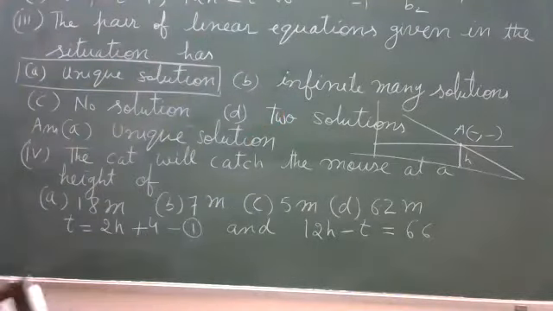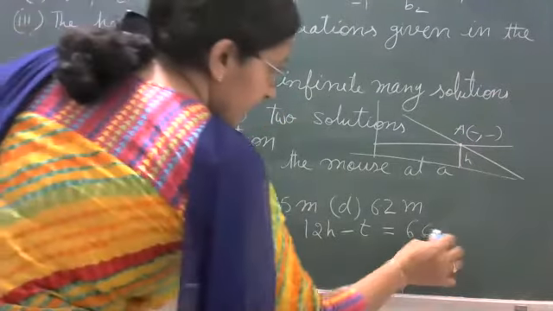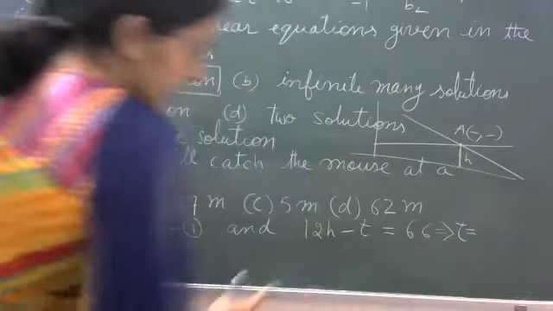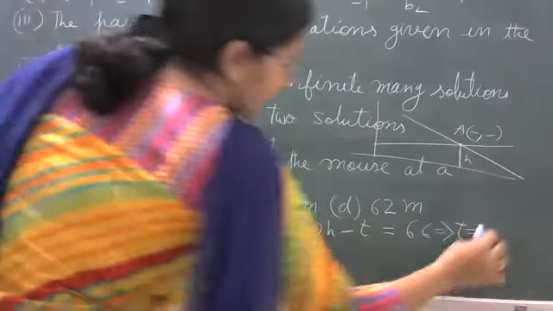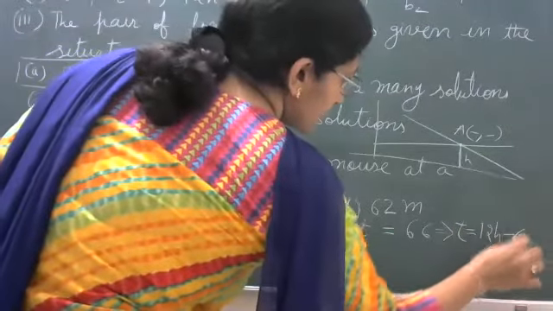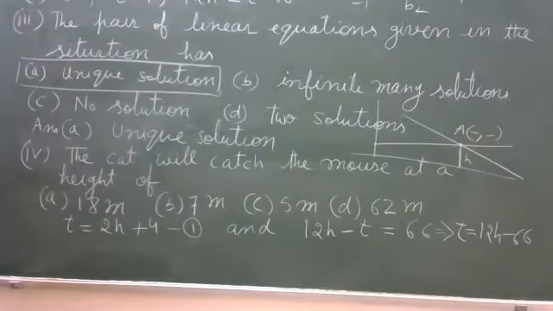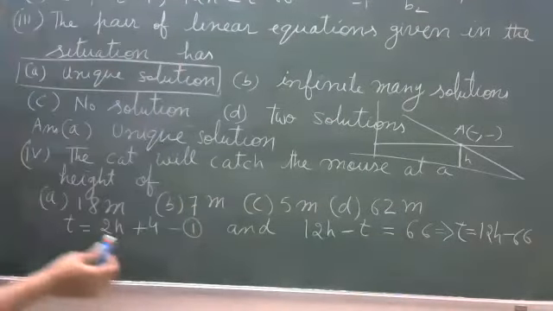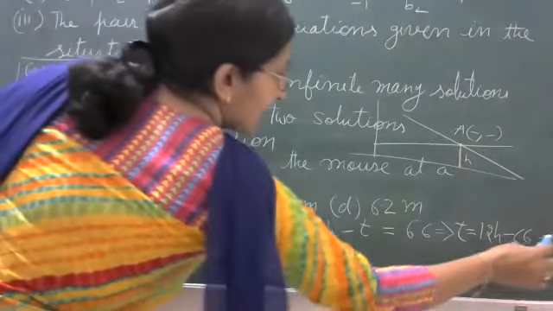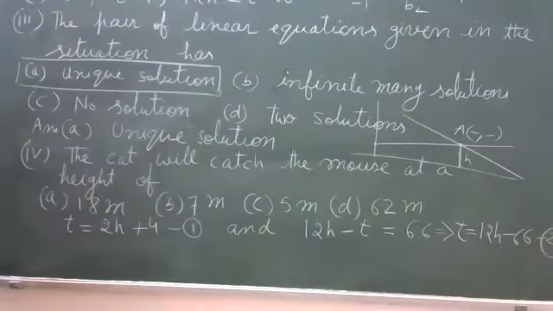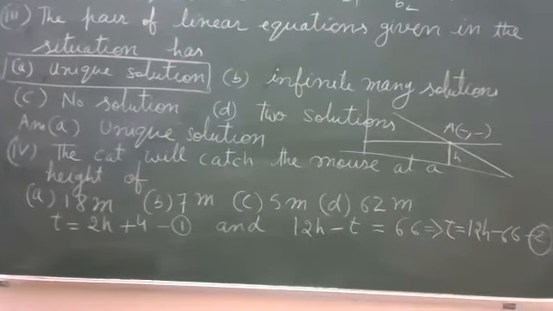So from here the value of t will be 12h minus 66. So these both are the values of t. Let me call this equation number 2.